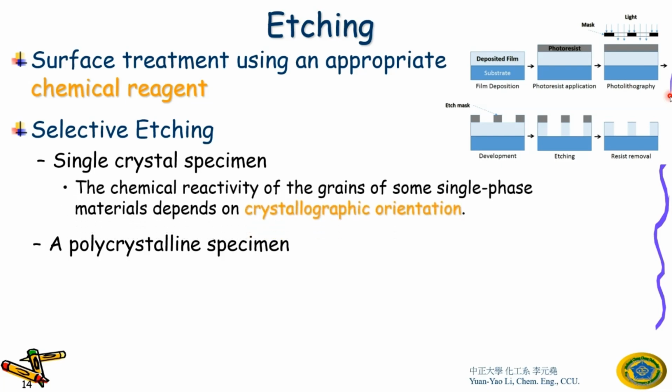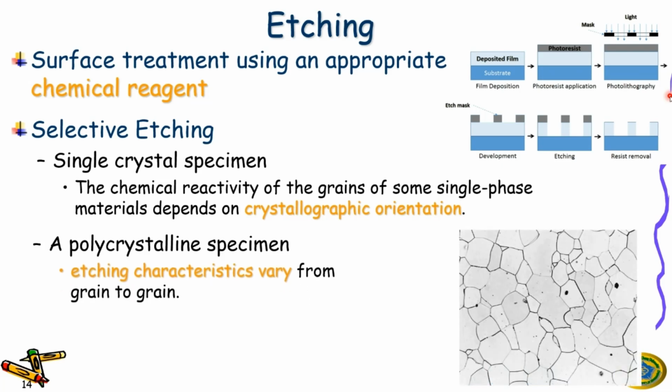For the single crystal specimen, the chemical reactivity of the grains of some single phase materials depends on the crystallographic orientation. So if you have different crystallographic orientation, the speed of the etching will be different. However, for a polycrystalline specimen, there's no single crystallographic orientation because it's randomly distributed, right?